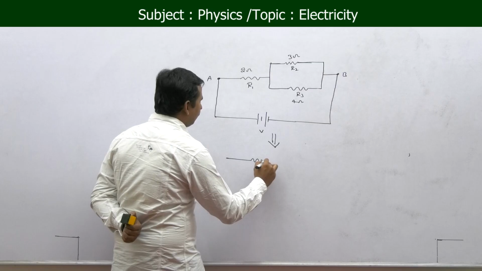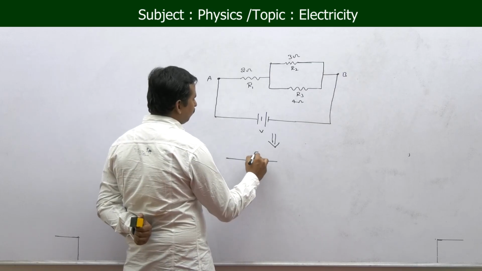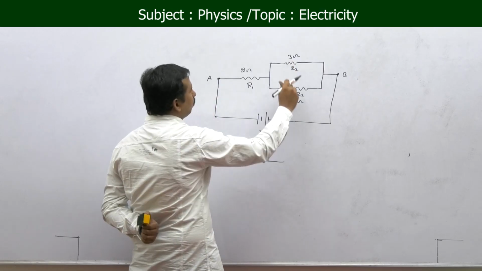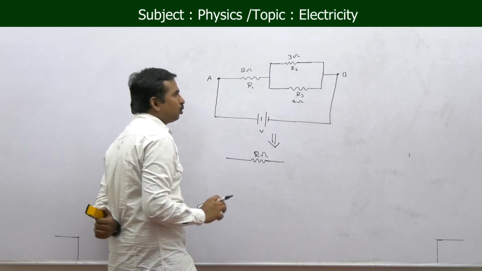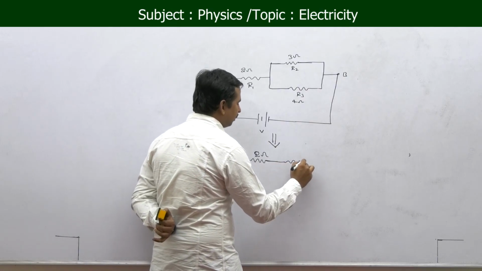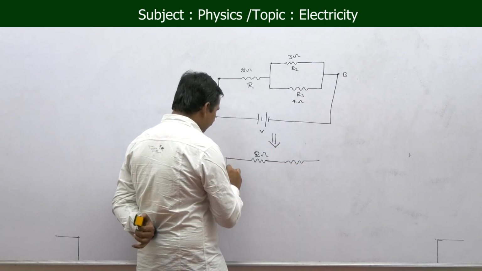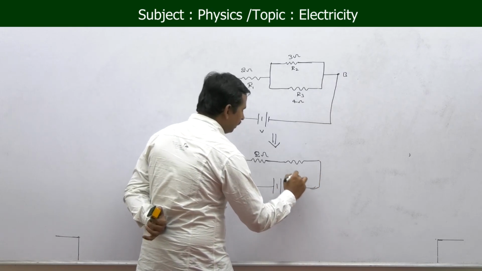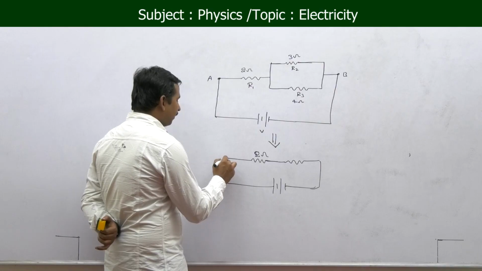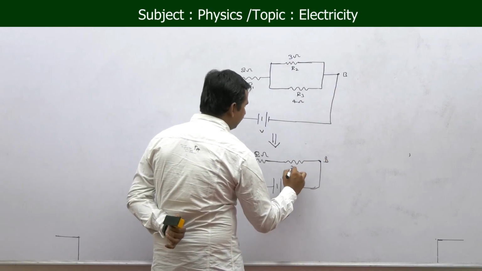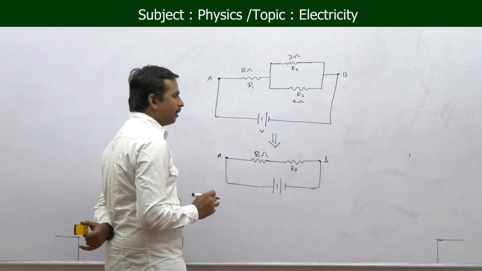Between A and B, R1 is 2 ohms, and the 3 ohms and 4 ohms are in a parallel connection, and then the battery. Let this parallel resistance be Rp.